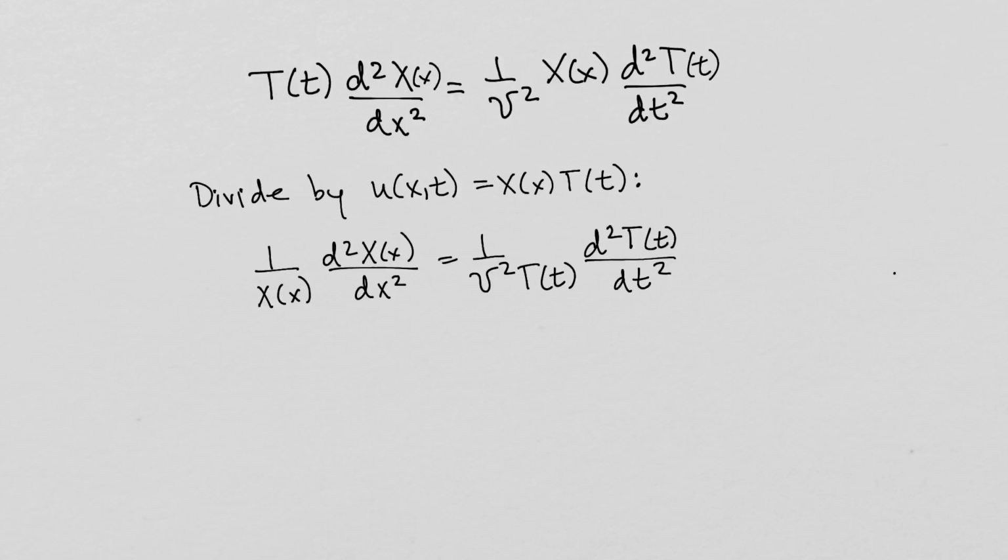Okay, so you can pause the video right now and just verify for yourself that that exercise works out. Okay, so now we have a nice equation here where we have all of our x's on the left-hand side, all of our t's on the right-hand side. So we have now separated our variables. Okay, so far so good.